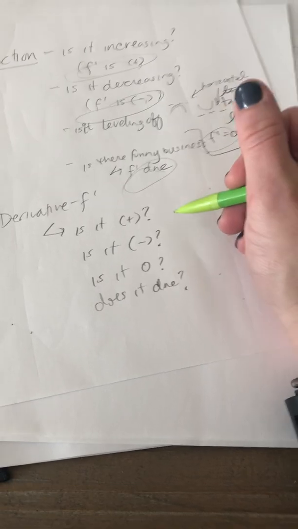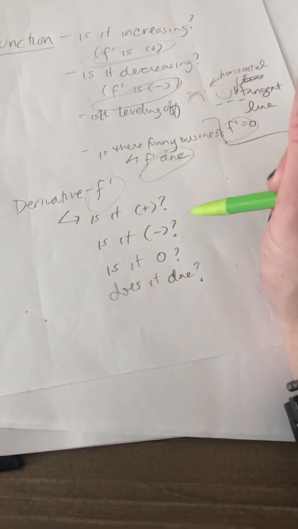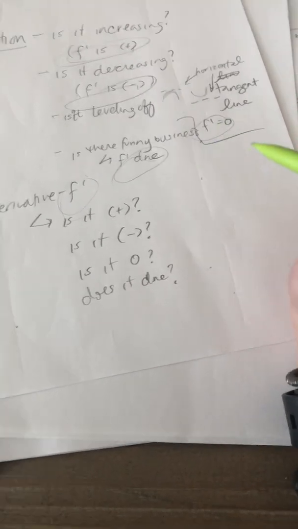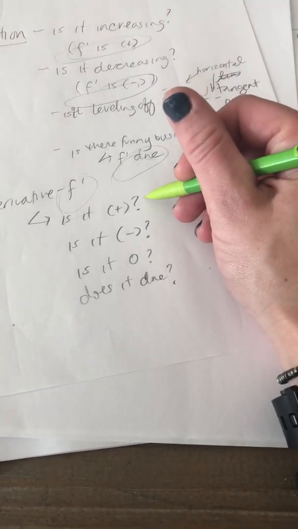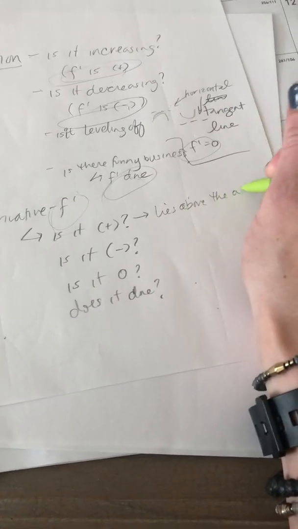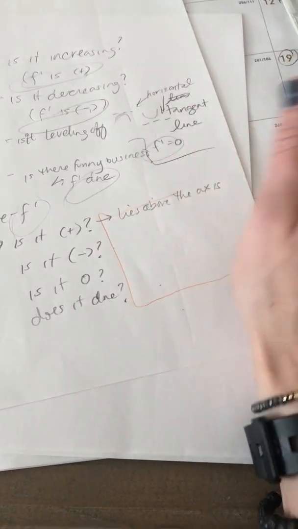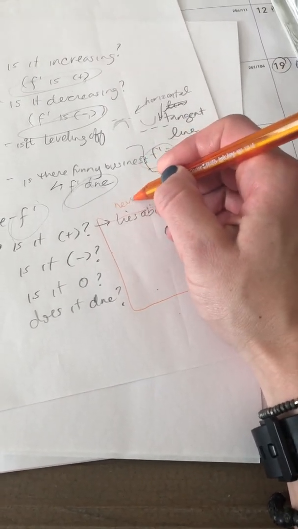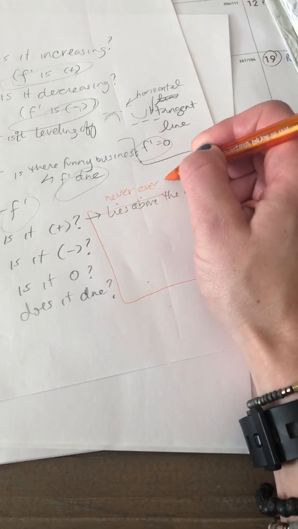Now if I'm looking at the graph of a derivative and I want it to be positive, a graph with positive values lies above the x-axis. The information I'm writing right here is stuff that we never, ever write on paper.